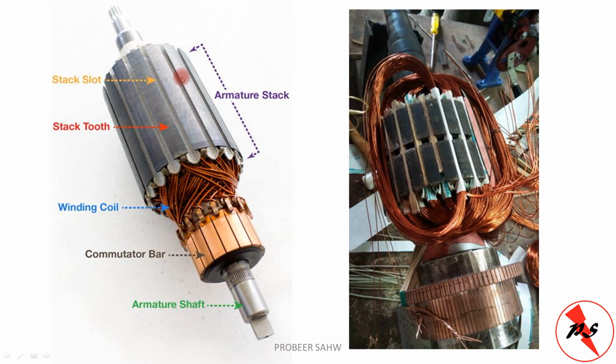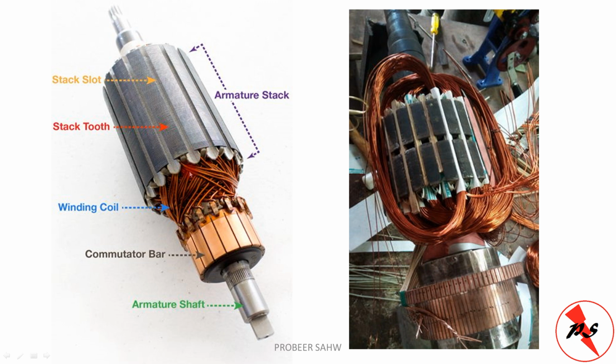These are the slots in which we have put armature windings. After putting armature windings, we put insulation on the windings so that they do not come out of these slots when the rotor rotates, because during rotation huge centrifugal forces are applied on this winding.